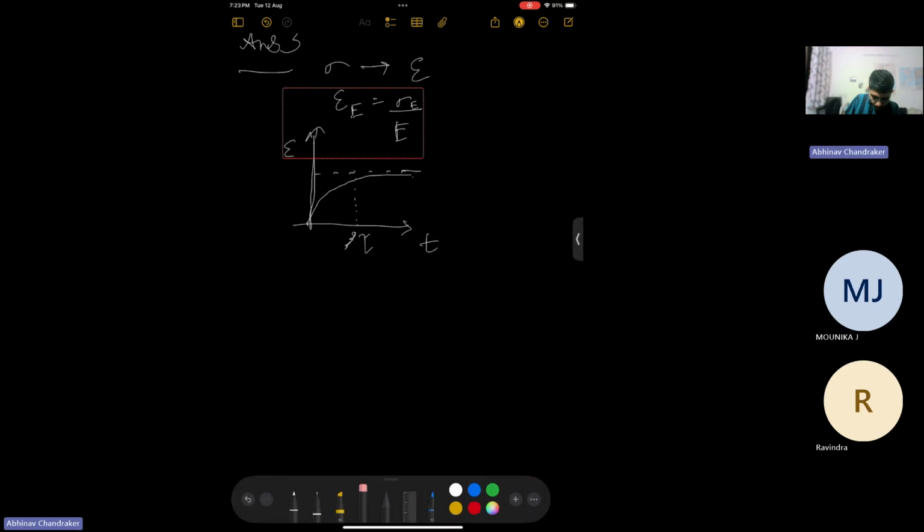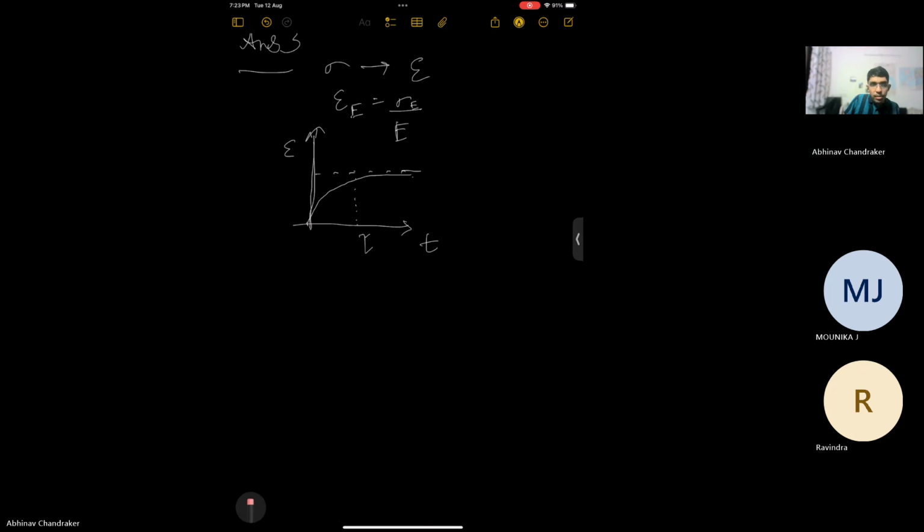So it took at least some finite amount of time, let's call this tau, to reach close to the expected value of strain. And this is, as I said, due to some time dependent processes. Now we have been asked, what is it called? We call it anelasticity.